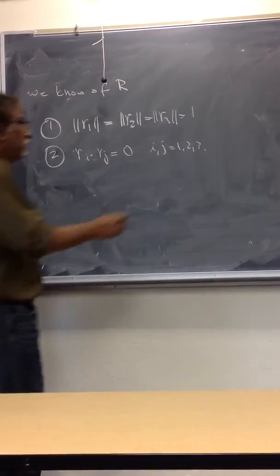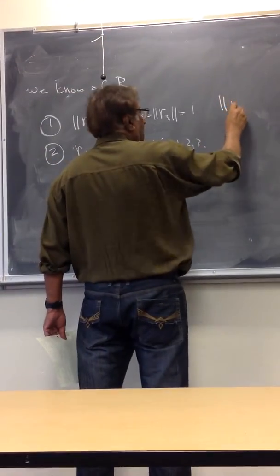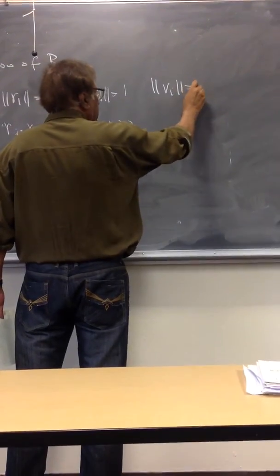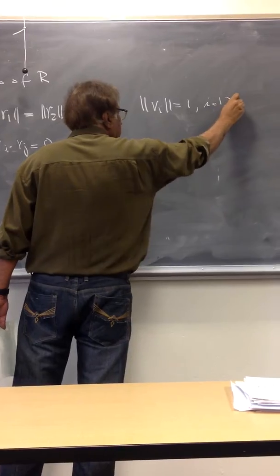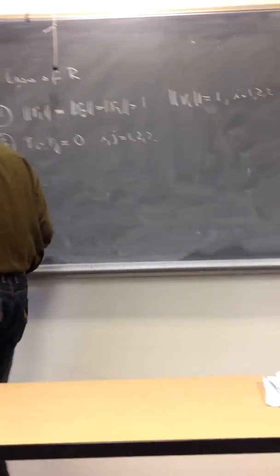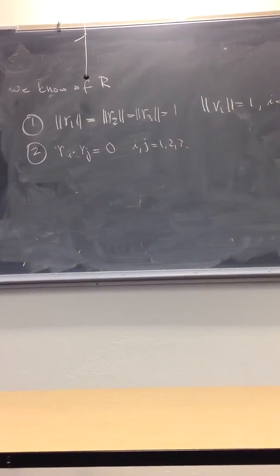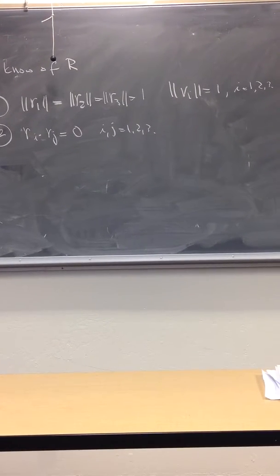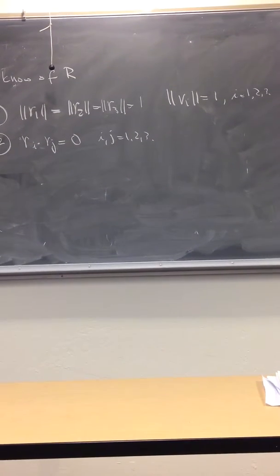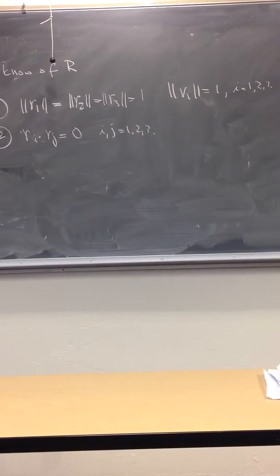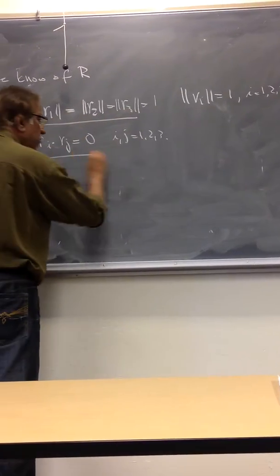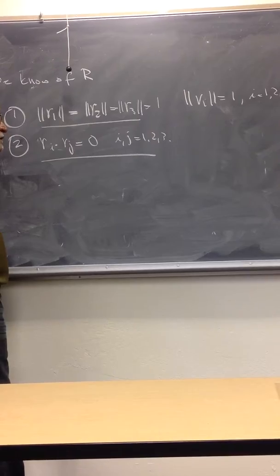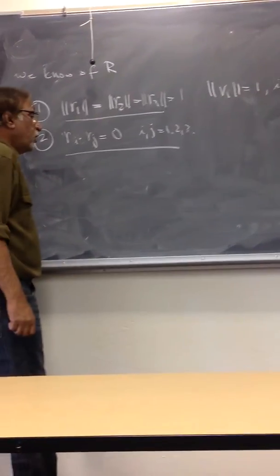Where i and j equal 1, 2, and 3. I could also write this as the norm of Ri equal to 1, where i is 1, 2, and 3. So these are the equations right there.